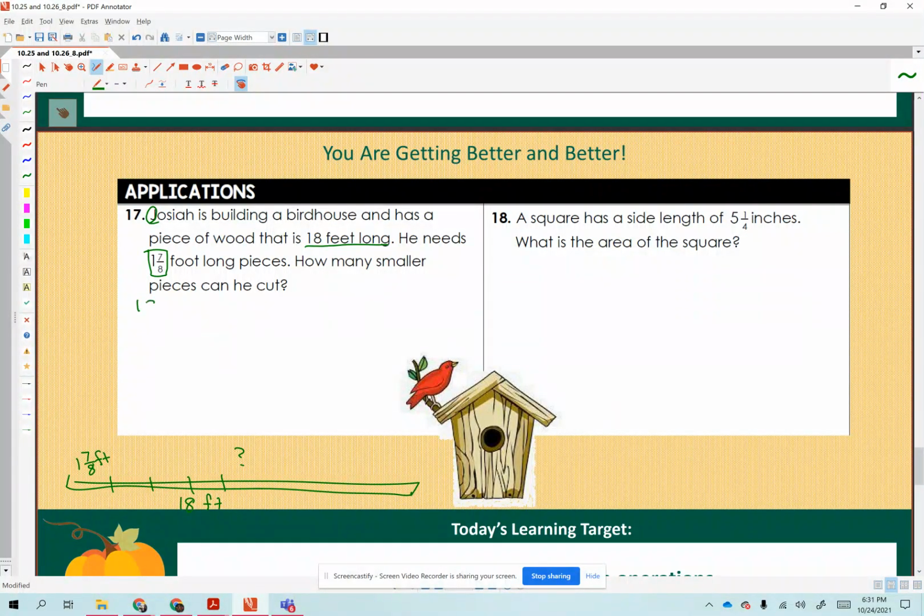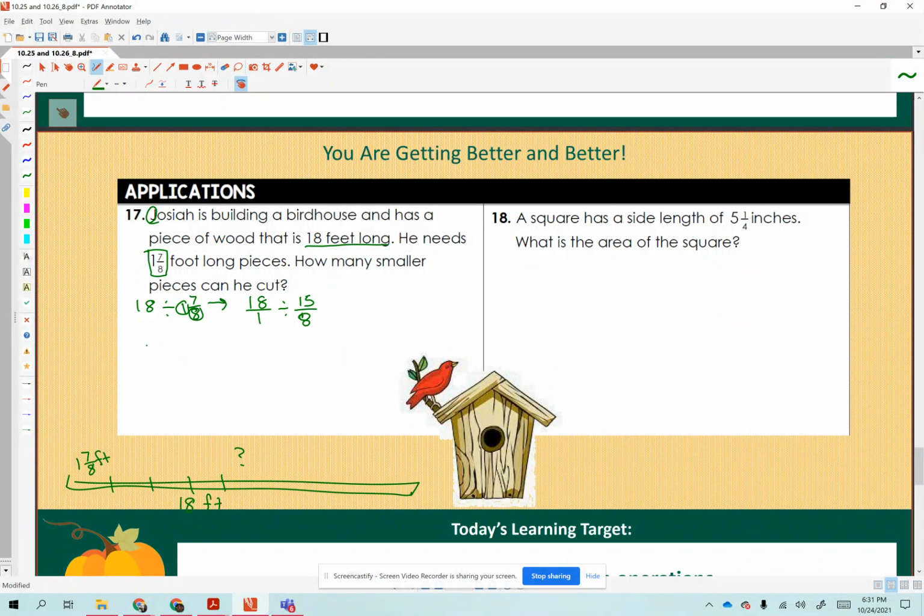We'll start with 18 divided by 1 7/8. So the first thing to do is make an improper fraction out of that 1 7/8. And we can put a 1 under that 18. So 18 over 1 divided by 8 times 1 is 8, and 7 more is 15/8.